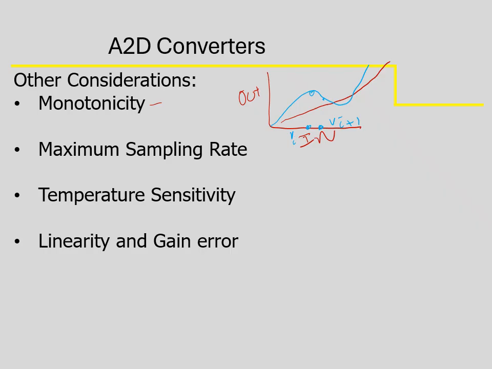And I'm at VI, I've got a certain output of V out, and at VI plus 1, my V out has gone down, even though my V in went up. So V in went up and V out went down. That would fail the monotonicity test. Okay, this is not really an issue with modern A to D converters, but it's something you want to think about.